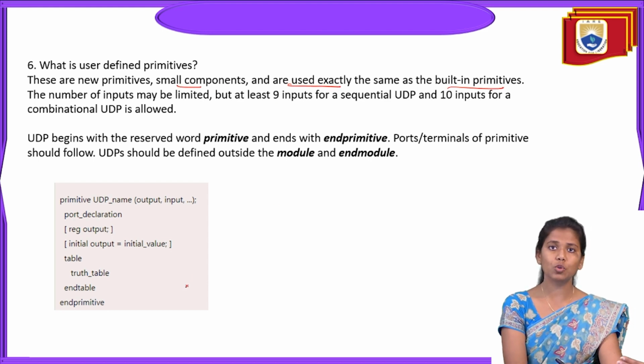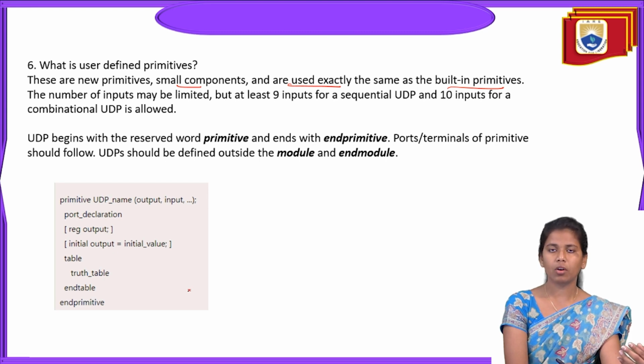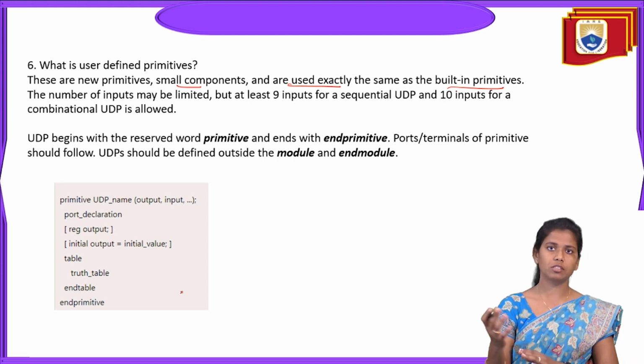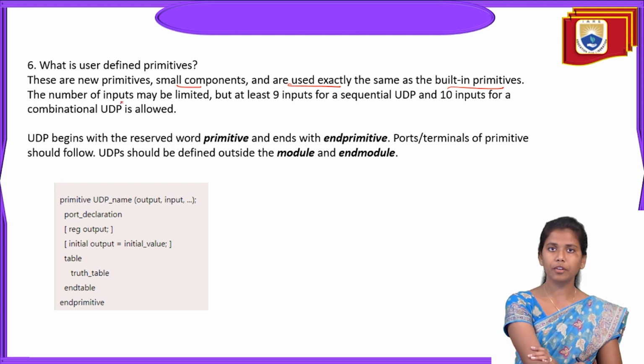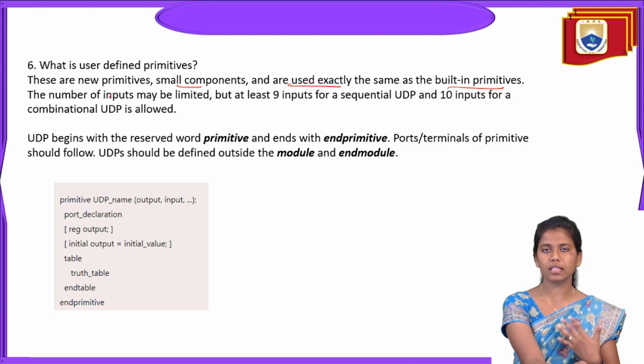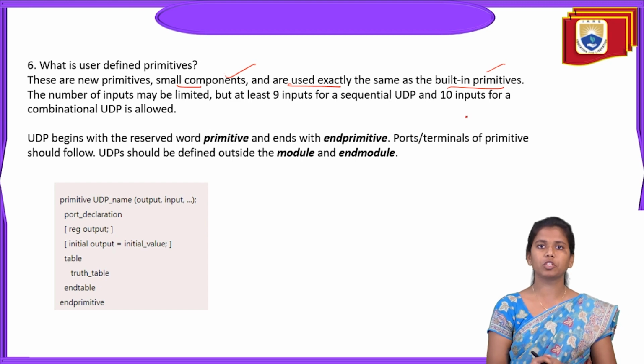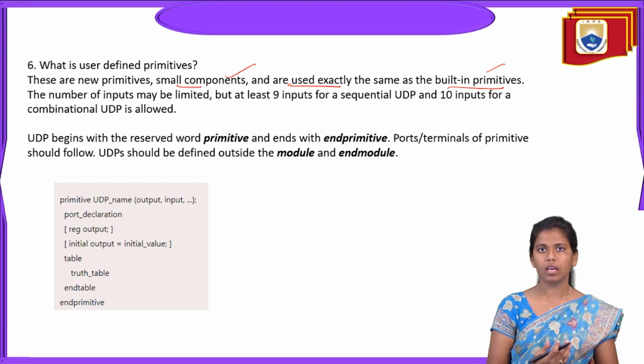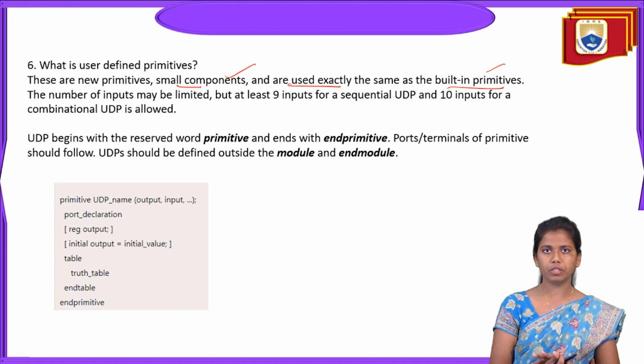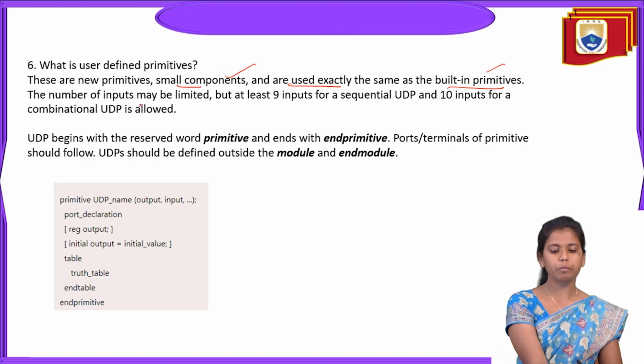The name says it: user-defined primitives are primitives that the user can define by himself, in order to create a module. Under user-defined primitives, there are new primitives consisting of small components, used exactly the same as the built-in primitives. In the same fashion as we use the built-in primitives, we can go for these new user-defined primitives. The number of inputs may be limited.